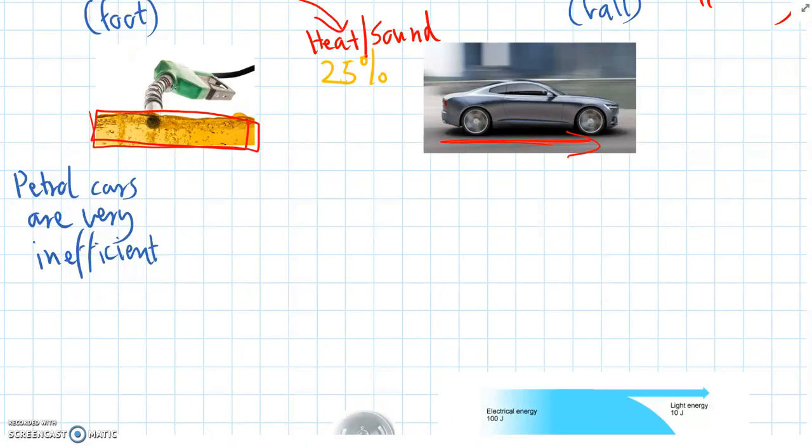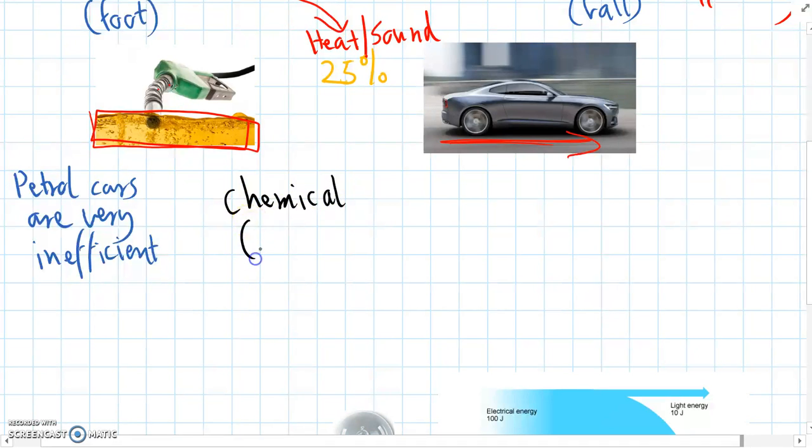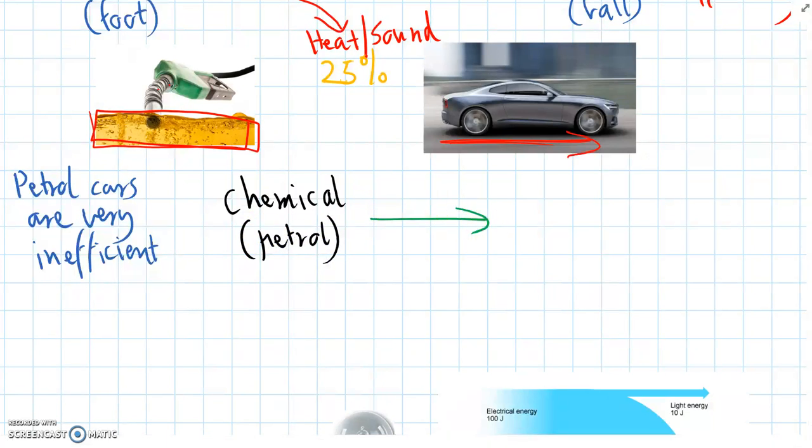So let's draw a flow diagram again. We start with the chemical energy in the fuel, and we're transforming that to kinetic energy of the car to make it move.